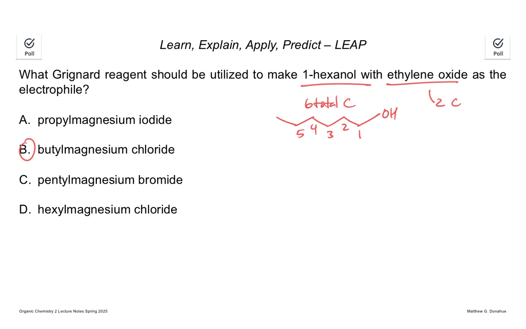So if I dissect the molecule between carbons 2 and 3, I can say that carbons 1 and 2 come from ethylene oxide.